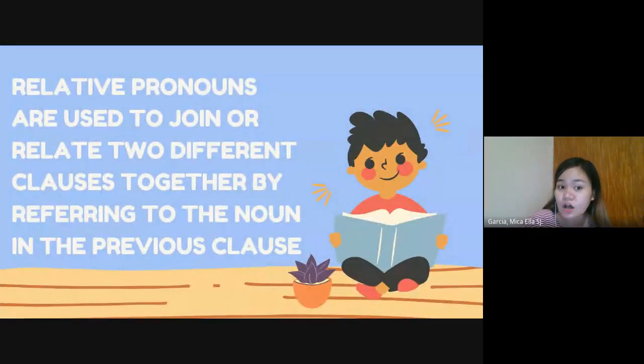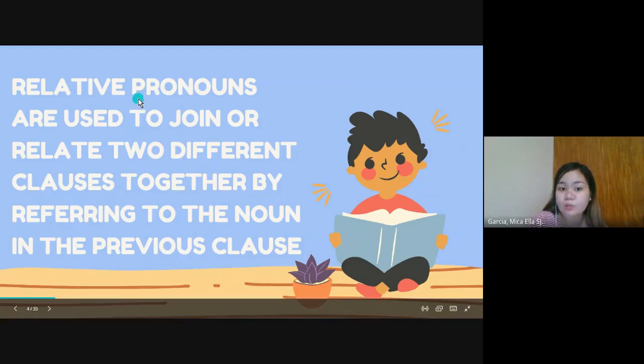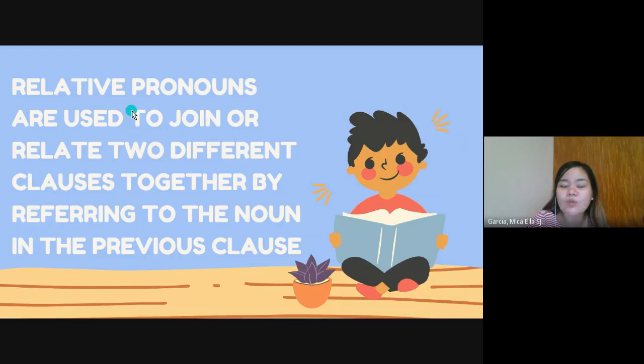Relative pronouns also are used to join or relate two different clauses together by referring to the noun in the previous clause. So, relative pronouns are the pronouns used when we are going to connect two different clauses. These are the words that we commonly use to connect two independent clauses.